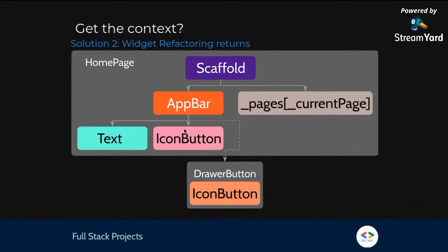So we break the widget tree, this icon button, into its separate widget, and then by the magic of widget refactoring, we get a different context. So the context of this widget and this widget will be different.